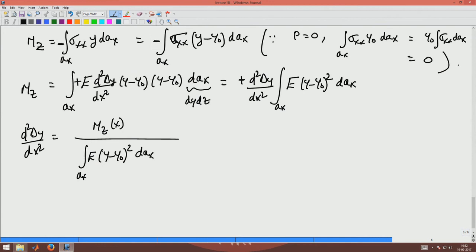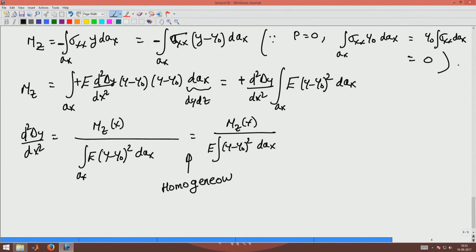We saw that if the beam is homogeneous, E will be a constant, and hence you get Mz of x divided by E times the integral of (y minus y naught) whole square dAx. This is for a homogeneous beam assumption.